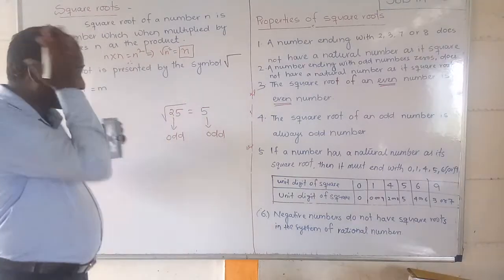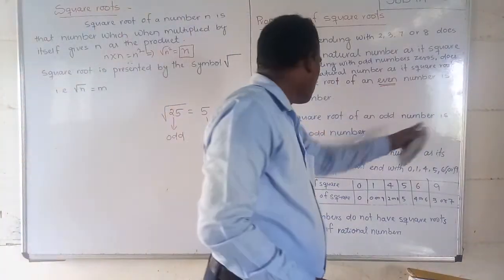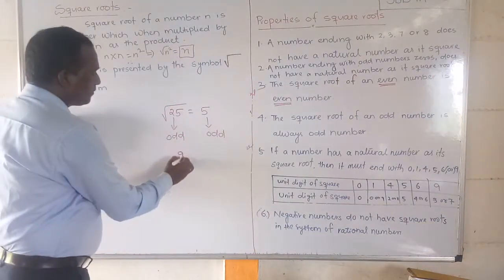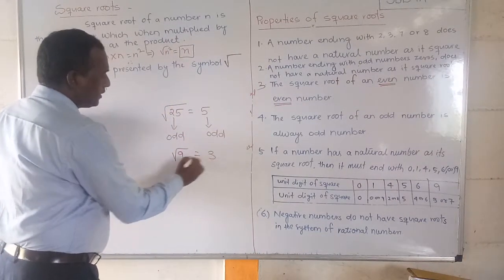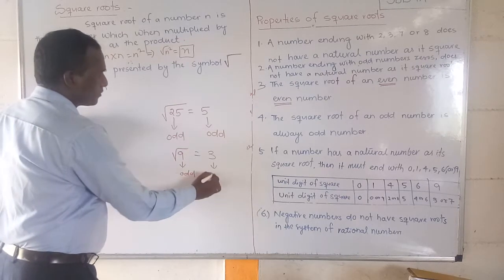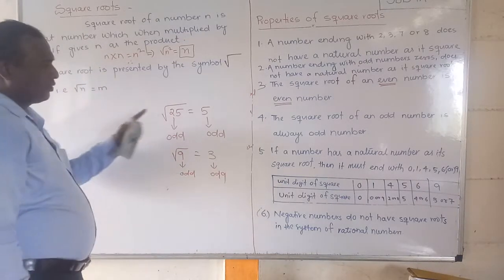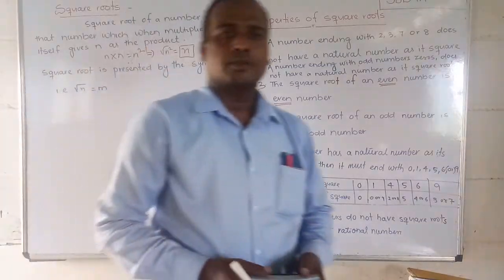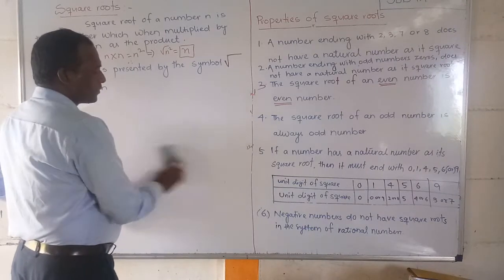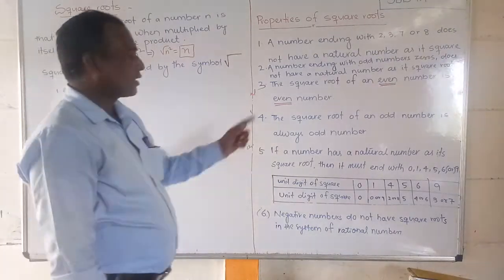So remember friends, the square root of an odd number is always an odd number. If you say 9, the root is 3; this is odd, and this is also odd. Any odd number, if it is a perfect square, then you will find an odd number as its square root.